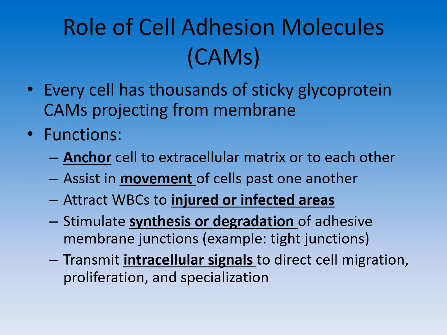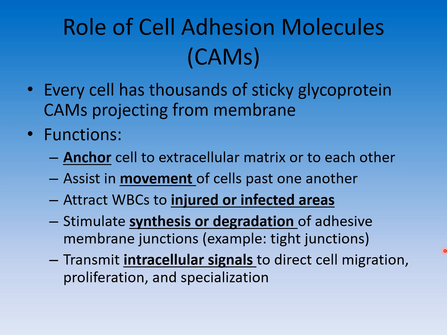Every cell has thousands of different glycoprotein adhesion molecules that are sticking out from the membrane. What's the purpose of them? Well, to help to attach to the extracellular matrix or help cells attach to each other. It's helping to assist in cells moving past one another.